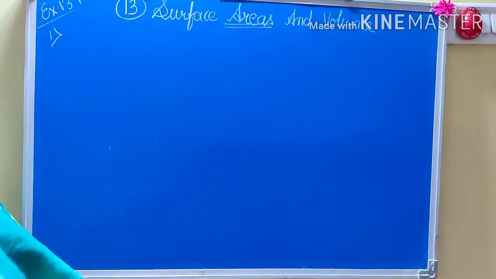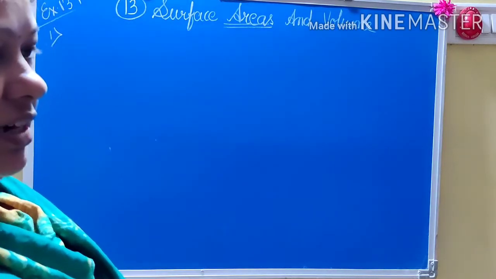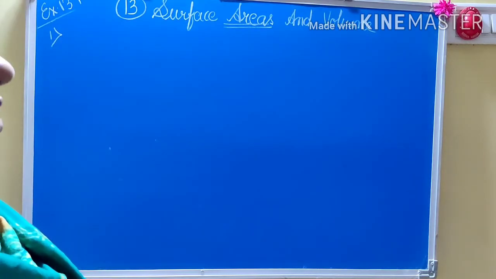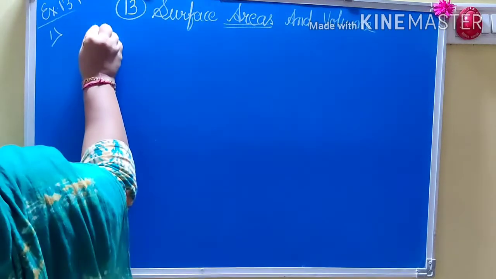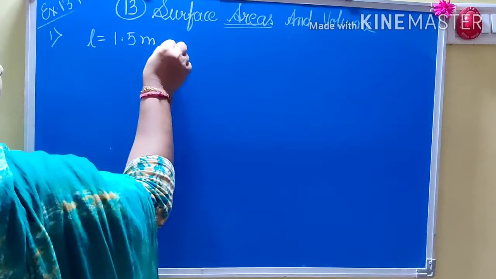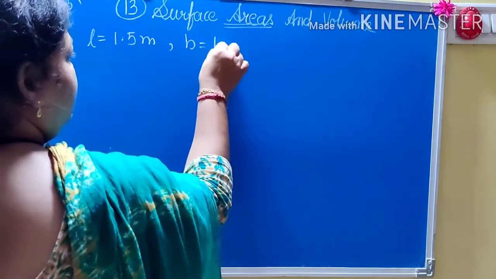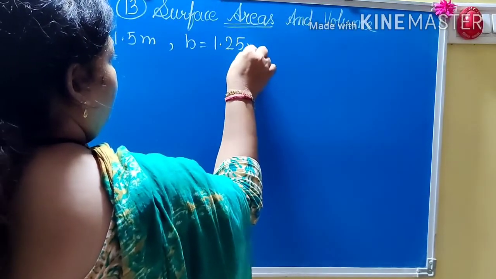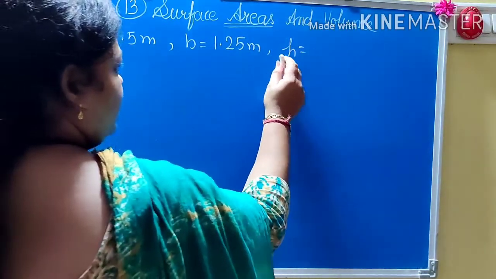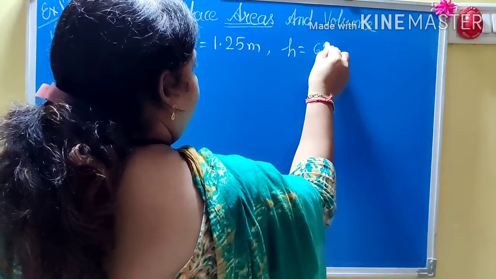So the dimensions of the cuboid: length, breadth and height are different, which means it is a cuboid in shape. Given that length is 1.5 meter, breadth is 1.25 meter, and height, given as deep, is 65 centimeter.